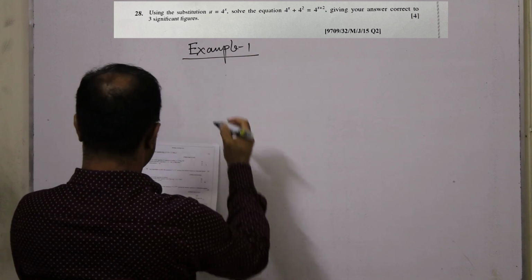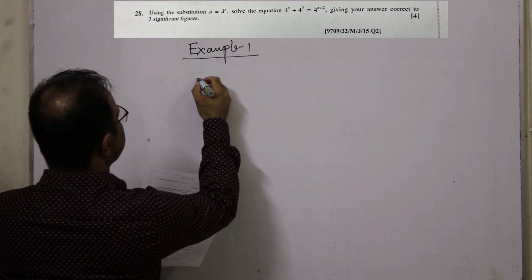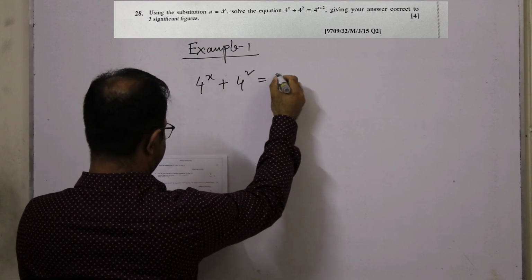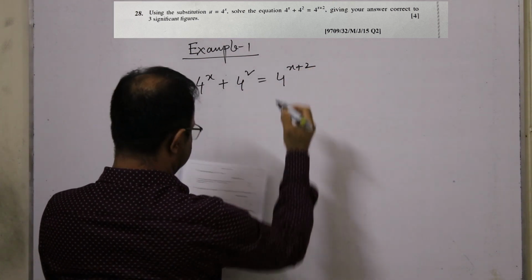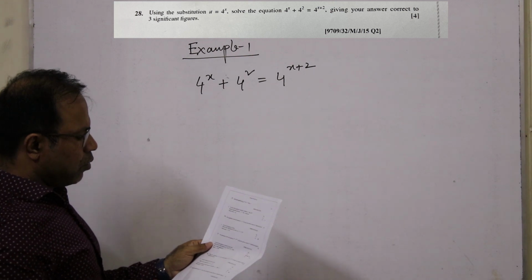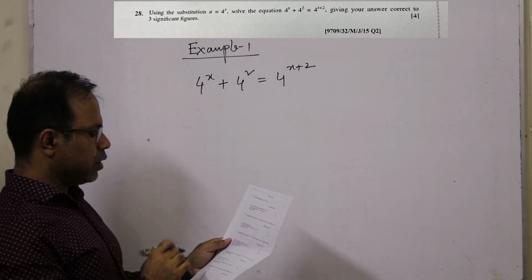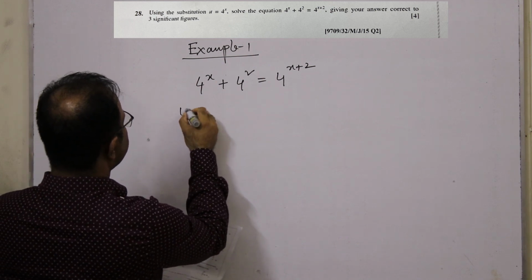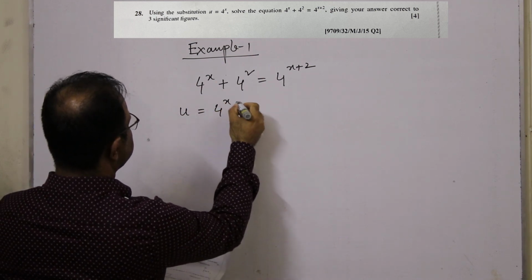This is example 1. How can you solve this using substitution? Let u equal 4 to the power x.